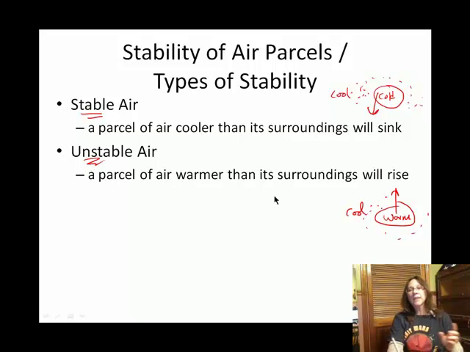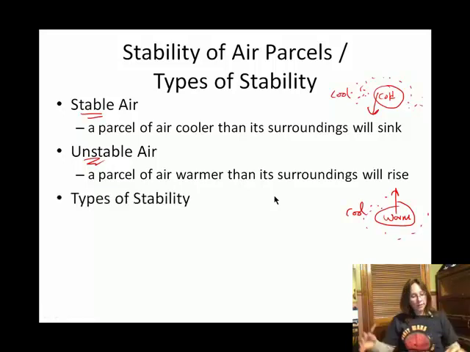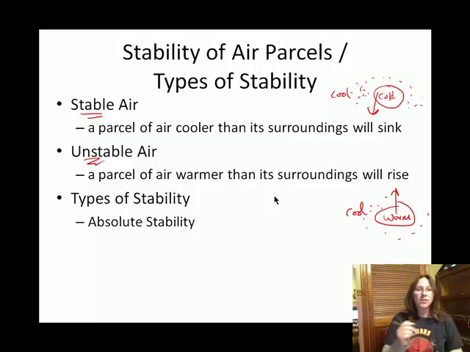So in both of these cases, can you see where my parcel of air is that circle? In order to know if it was stable or unstable, I needed to compare the temperature of that chunk of air to the air around it. So the types of stability we'll talk about are absolute stability, sometimes I call it absolutely stable.